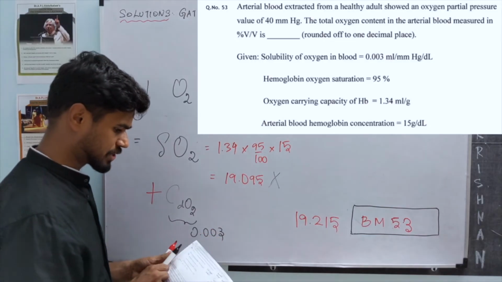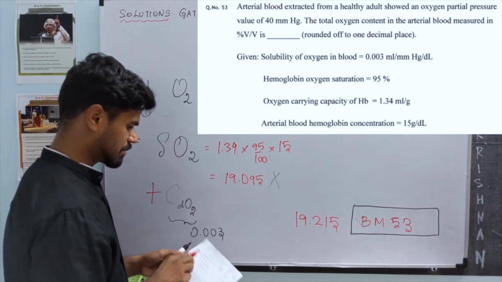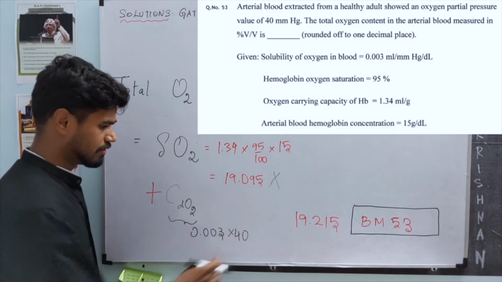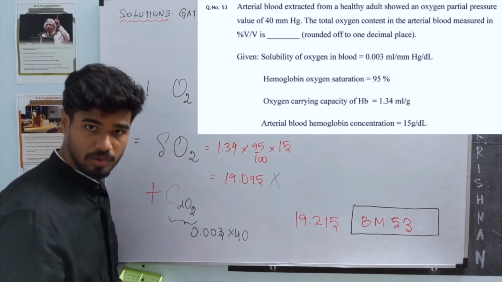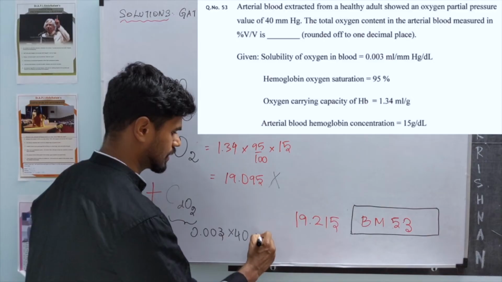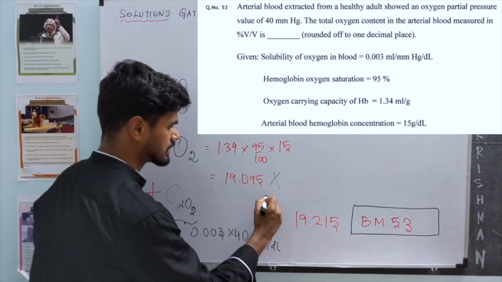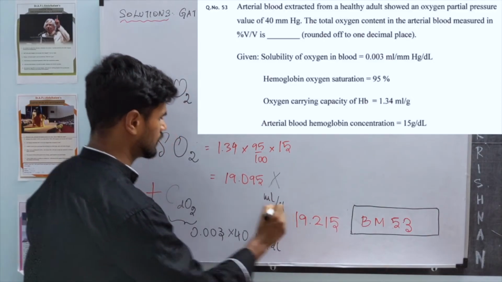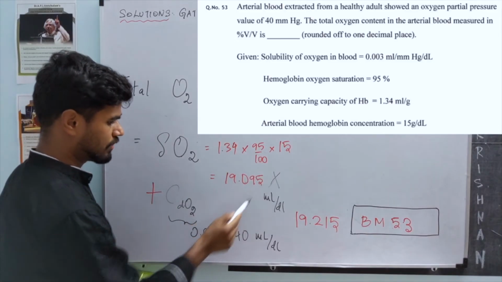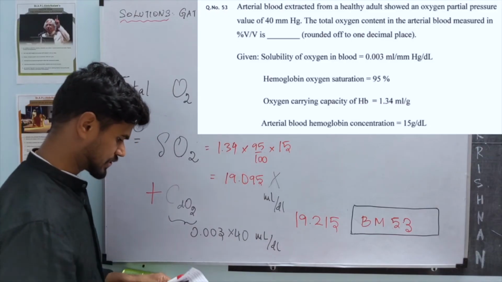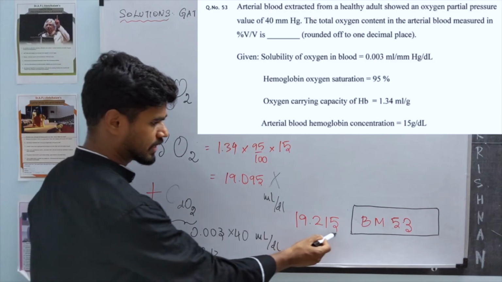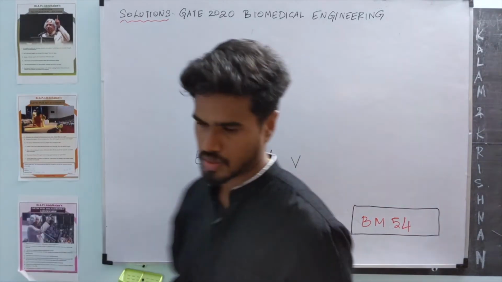We have the partial pressure of oxygen as 40 mmHg. So this times 40 will be the amount of oxygen dissolved in the blood, and this is in ml per dl, and this is in ml per dl. The total is the sum of this term and this term. So add 19.095 plus 0.12, that turns out to be 19.215.